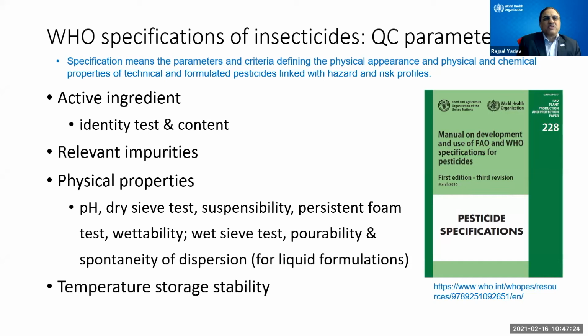They are responsible for setting WHO specifications for new compounds or formulations. A WHO or FAO specification basically means the parameters and criteria defining the physical appearance, physical and chemical properties of technical and formulated pesticides linked with hazard and risk profiles. There are 3-4 things in this definition. So we are talking of criteria for physical appearance.